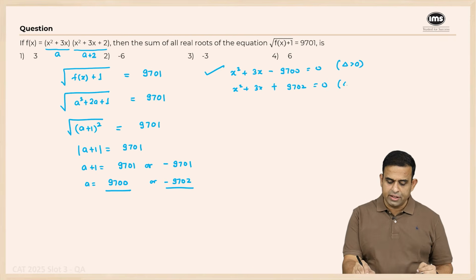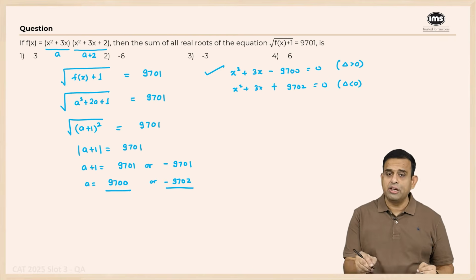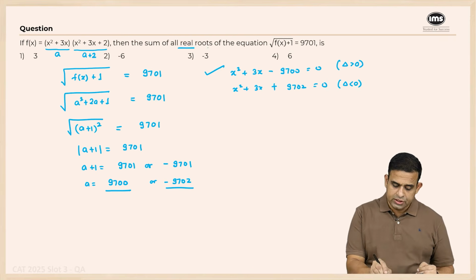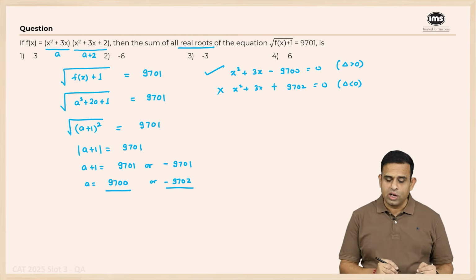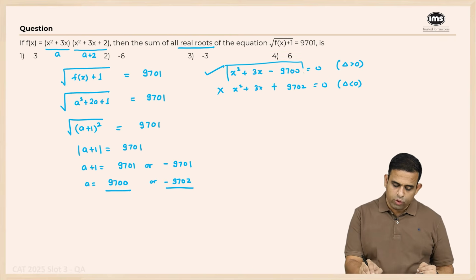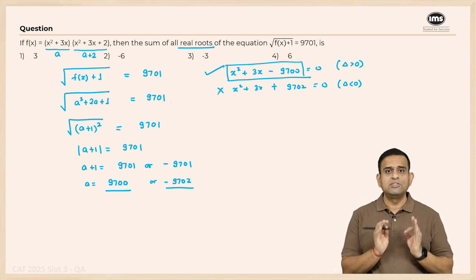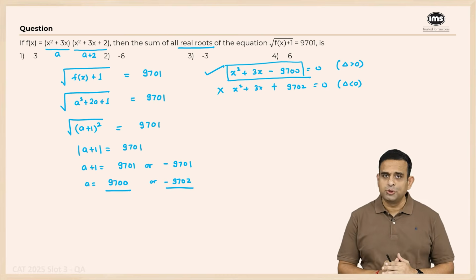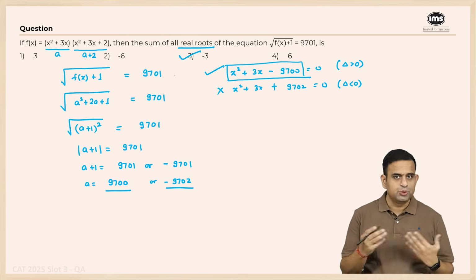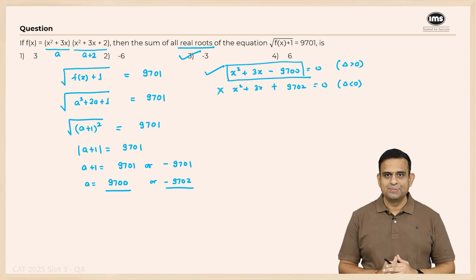For the second quadratic, the delta came out to be negative, imaginary roots, not real roots. So the second one needs to be ruled out. And for this quadratic, since we have only two real roots, the required sum of the roots will come out to be equal to -3. So I should choose to mark option number 3 over here.